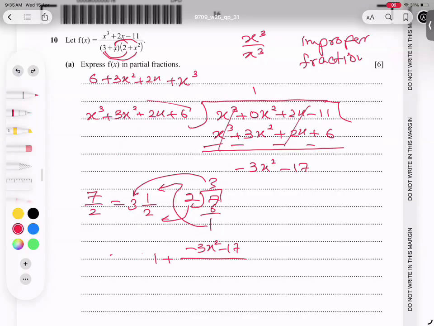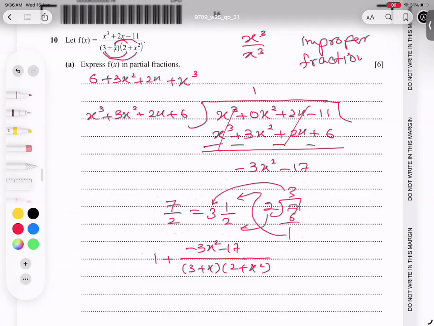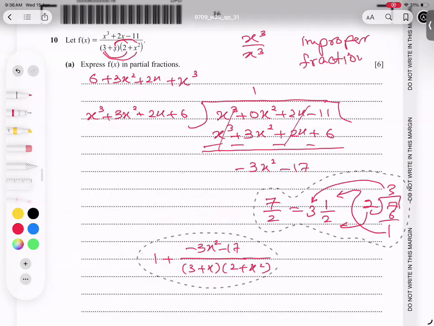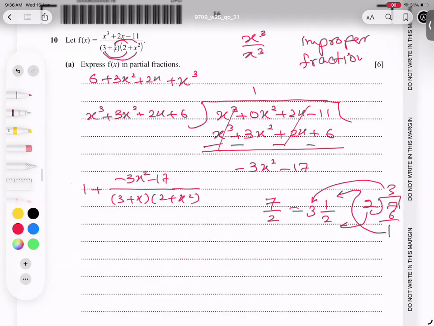Okay, rather than writing this, I will write this fraction. So I think the point is very clear. So 3 plus x and 2 plus x squared. So this is done. Now I hope the concept is very clear, how I have converted. This is done, and I call this equation number 1.